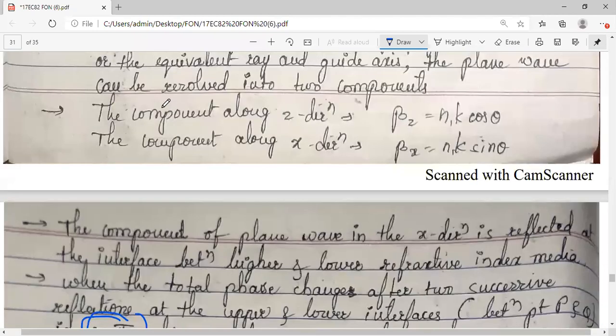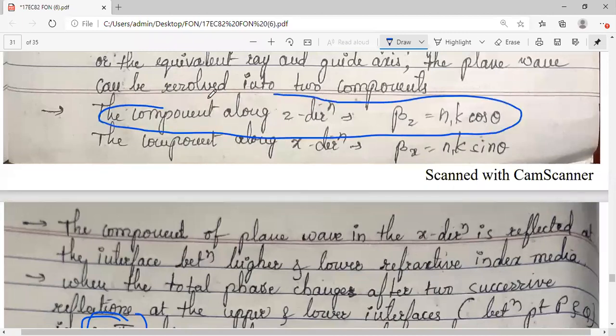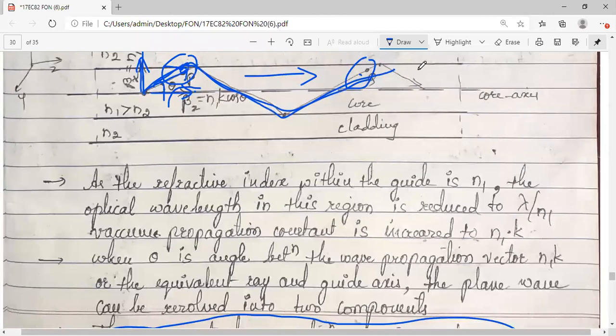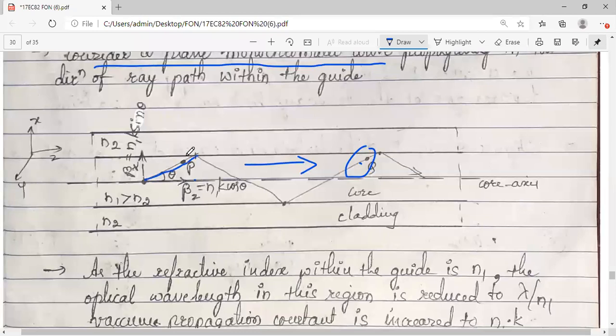We can say the component along z direction is n1k cos theta, because when we have considered this wave vector, this is your wave vector traveling, which is having the propagation constant beta, which is equal to n1 into k.